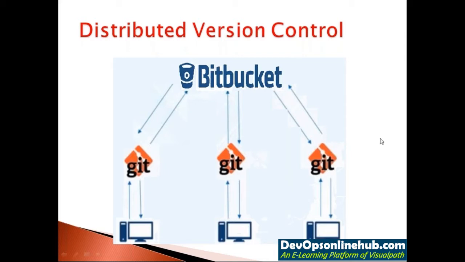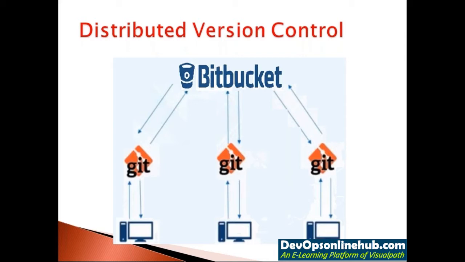Okay. So here are the multiple advantages of the distributed version control system over the centralized version control system. First of all, as I told you, the developers are not dependent on the remote repository. Second, consider a scenario where all developers worked yesterday, and the last developer committed the code to the remote repository yesterday.